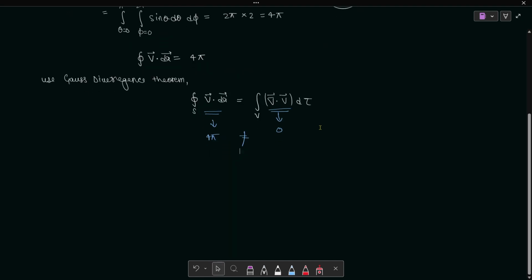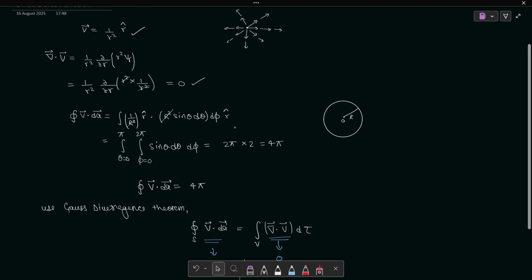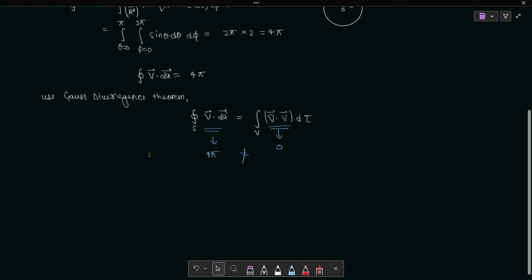Actually the source of this problem is this center, this origin, since at r equal to 0 this vector function v is blowing up to infinity, so that we can't do this divergence integral. So that's why these two things are not coming to be equal.